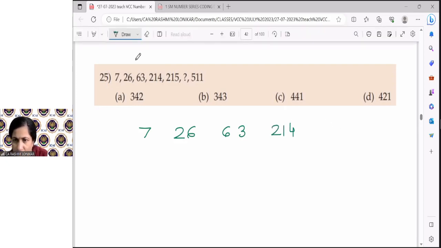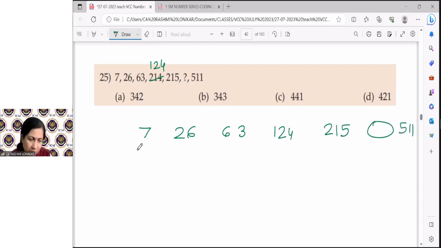Okay, so this is not 214, this is 124. Just make sure that you're making the change. 124, 215 dash and 511. Okay.